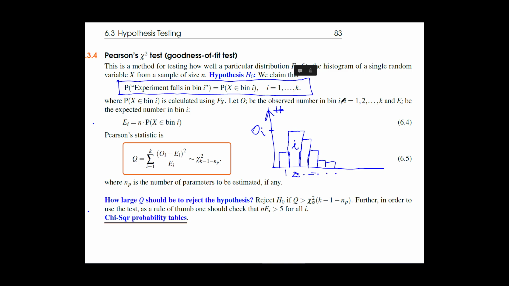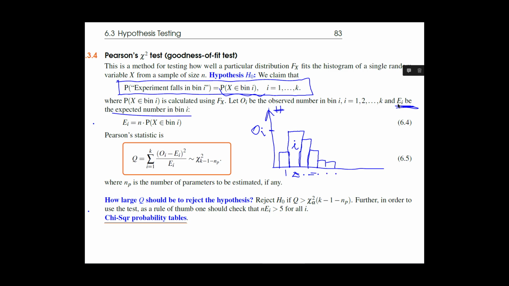So the null hypothesis, so the default hypothesis is that the probability that a random variable will fall in bin i is the same as the probability from your distribution that it will be in bin i. Okay? So that's saying that the experimental probability equals the theoretical probability, so to speak, okay? And this we're going to call the expected frequency or expected number.